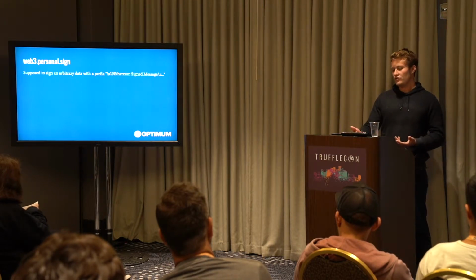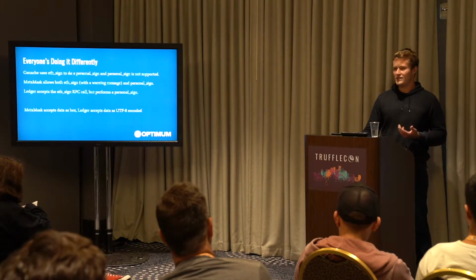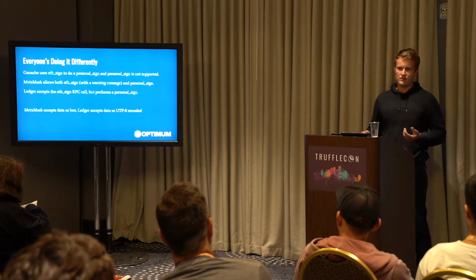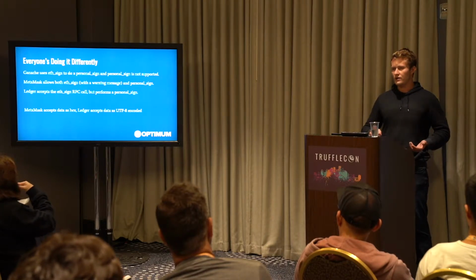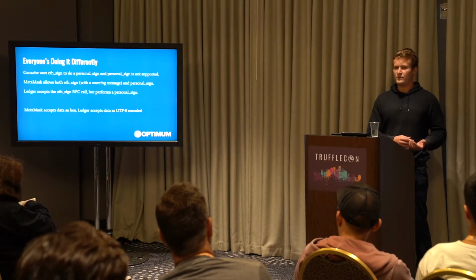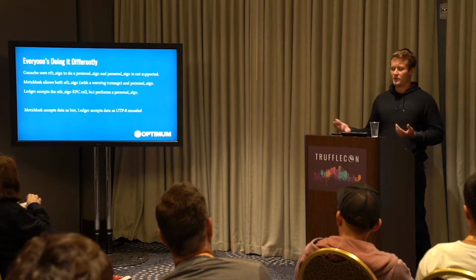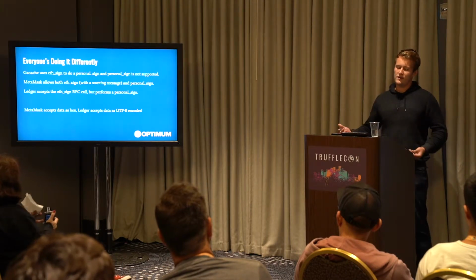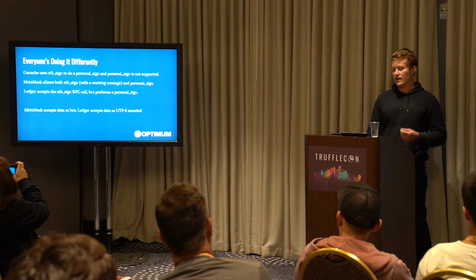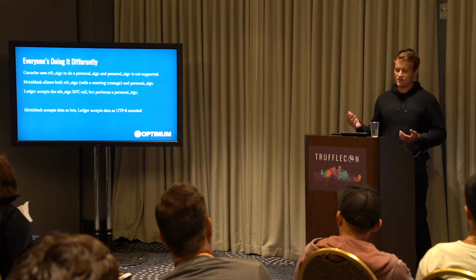So you've got these two conflicting implementations of the same thing, and they don't work the same across all devices. They don't work the same on Ganache when you're in the development phase. They don't work the same on MetaMask when you're in staging, and they don't work the same on Ledger when you're doing your production application work. The way that ETH sign works in Ganache is it actually does personal sign, and then the personal sign method just doesn't exist.